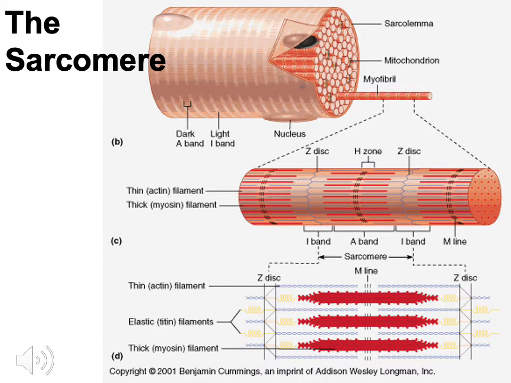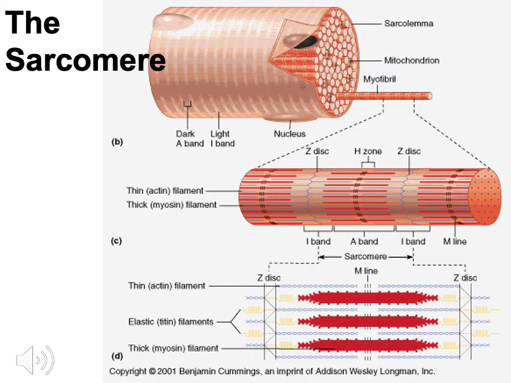The A band is like the dark stripe that runs through the muscle fiber. The A band is just the width of the thick filament, and that does not change at all during contraction. The thin filaments overlap with that myosin filament.